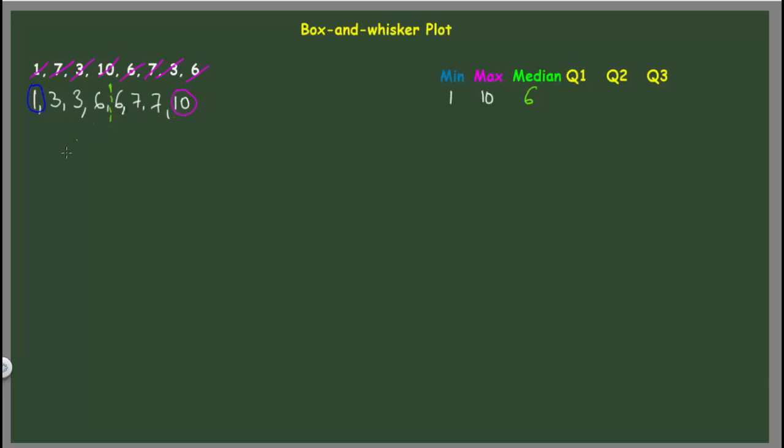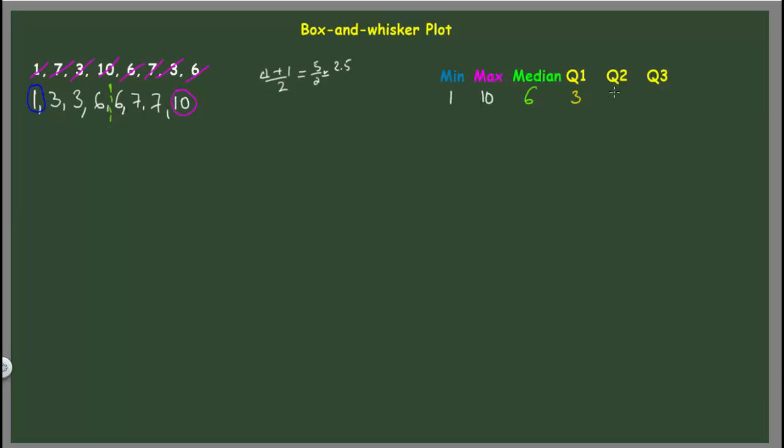In the lower half, we have 1, 2, 3, 4. We can proceed like we did before: 4 plus 1 over 2 is 5 over 2, which equals 2.5. This number is halfway between 3 and 3, and it is actually 3.